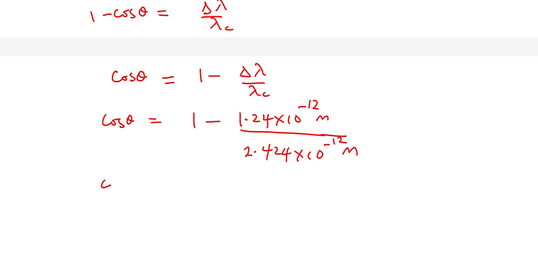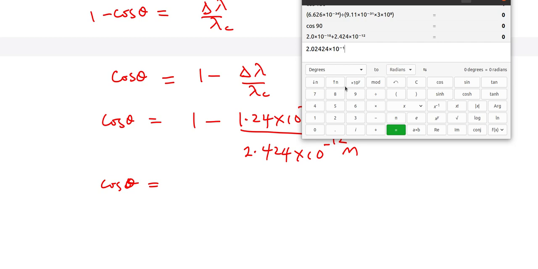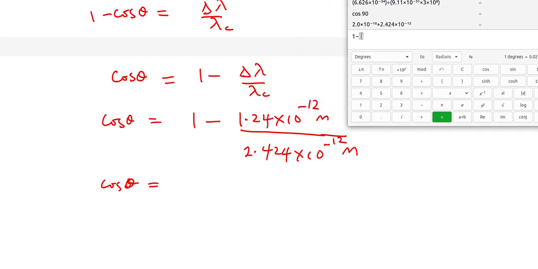So if we evaluate this, let's bring a calculator. We get 1 minus 1.24 times 10 power minus 12 divided by 2.424 times 10 power minus 12.